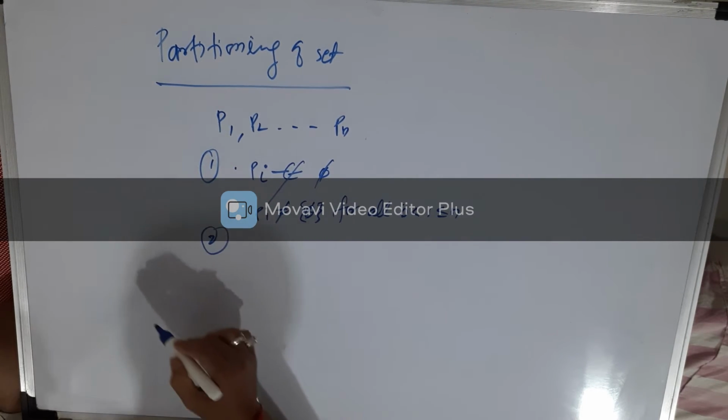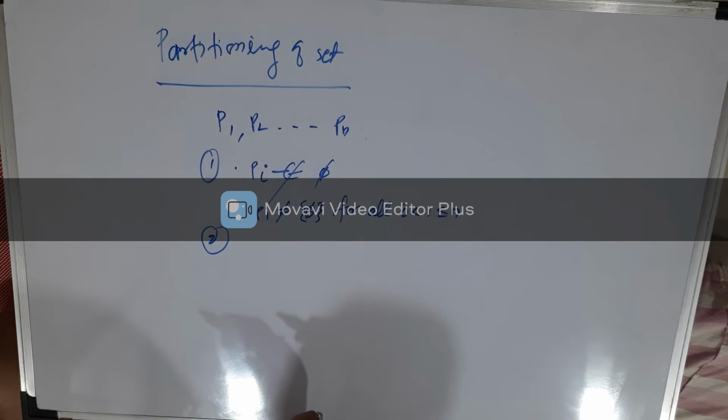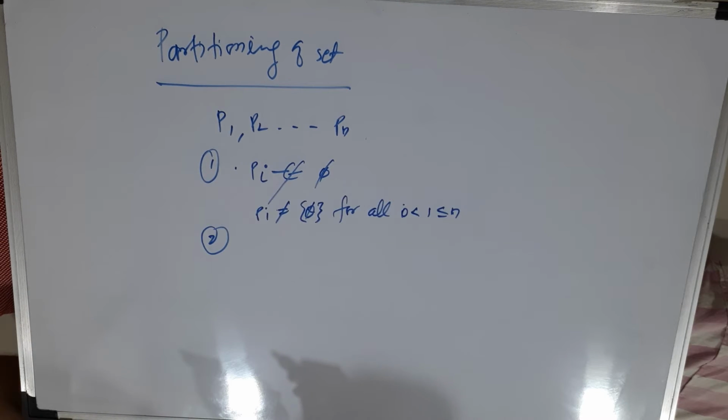What is the second condition? The second condition is that the union of the subsets must equal the entire original set.